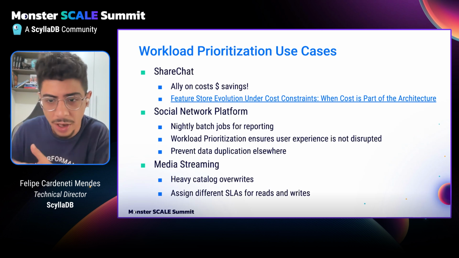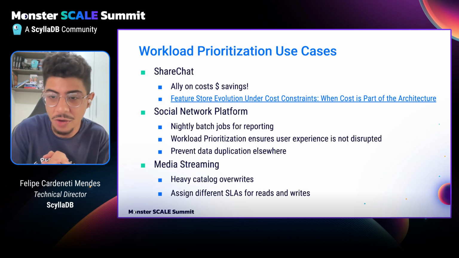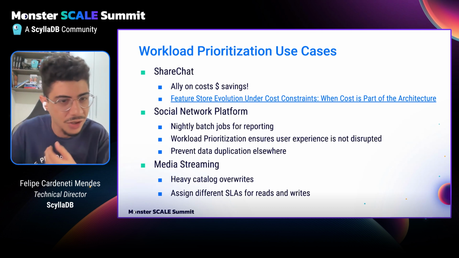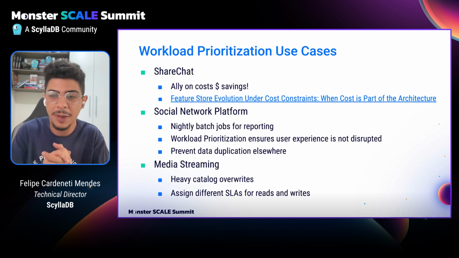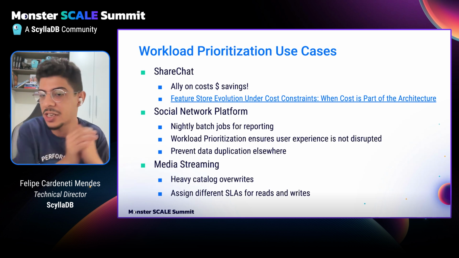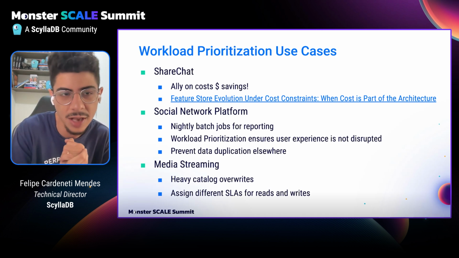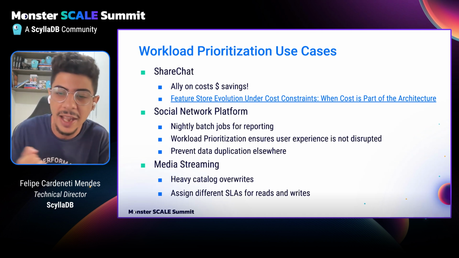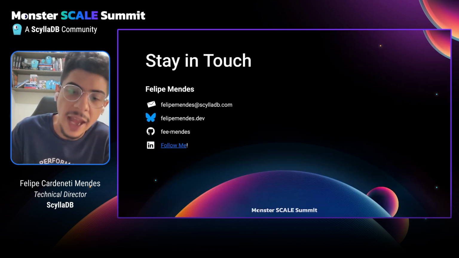As social networks are never dormant, workload prioritization helps ensure that their users' experience is never disrupted. And a media streaming company uses workload prioritization to assign different priorities for application reads and writes as required by their respective SLAs. So, this is what I had to present.